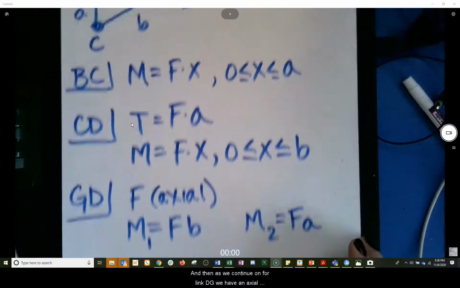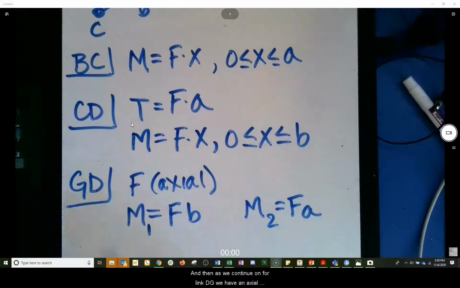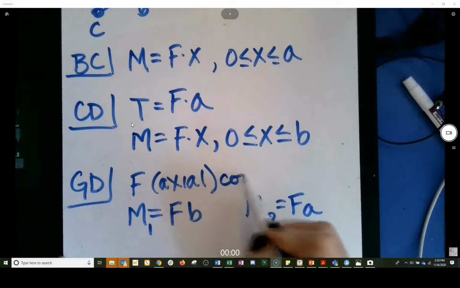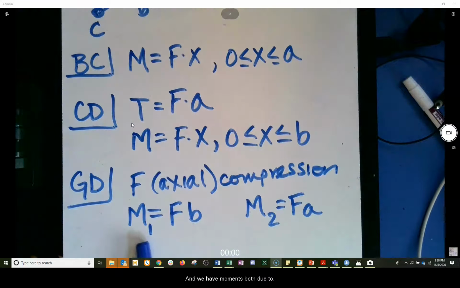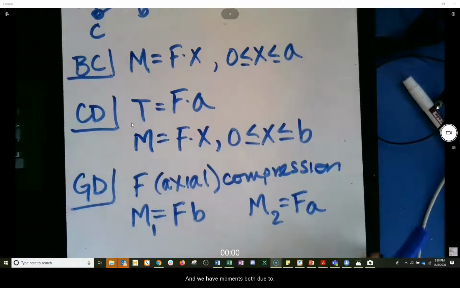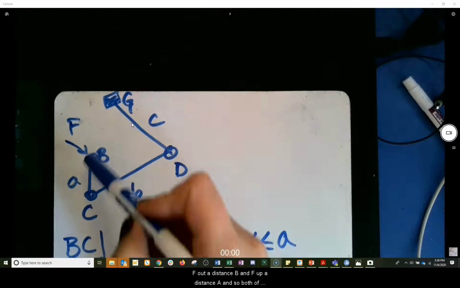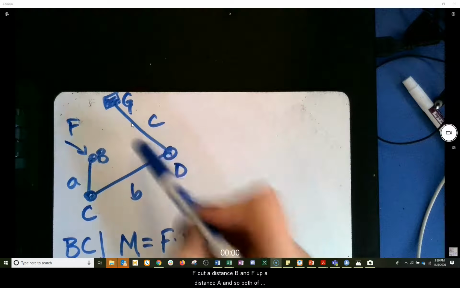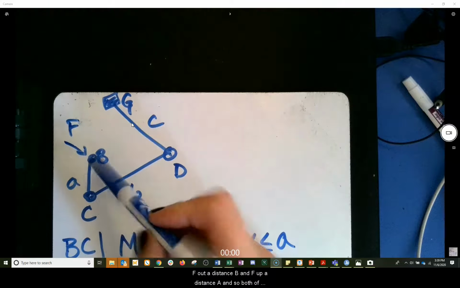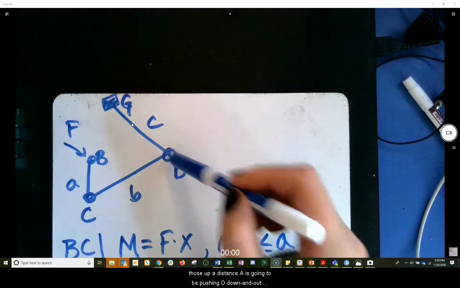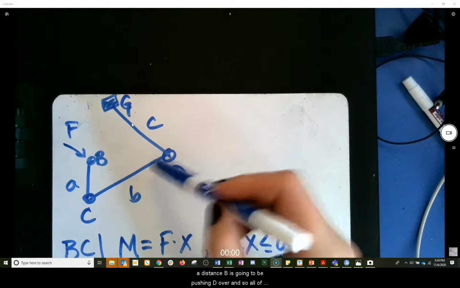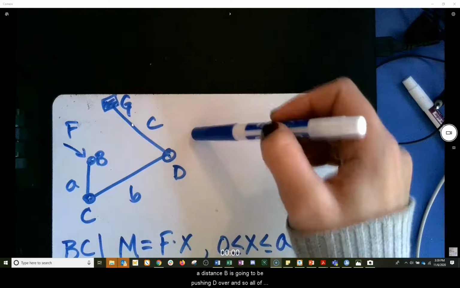As we continue on for link DG, we have an axial force that I just want to say out loud, and this is compression. And we have moments, both due to F out a distance B and F up a distance A. Up a distance A is going to be pushing D down, and out a distance B is going to be pushing D over.